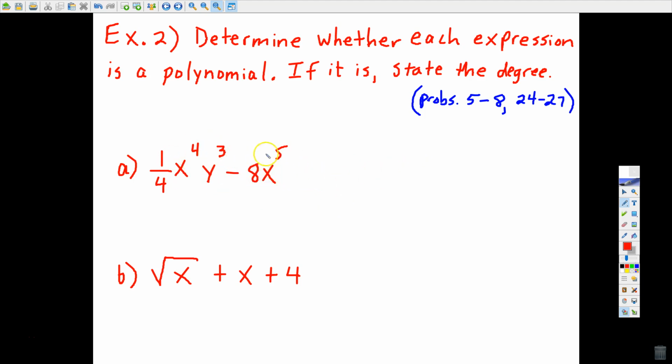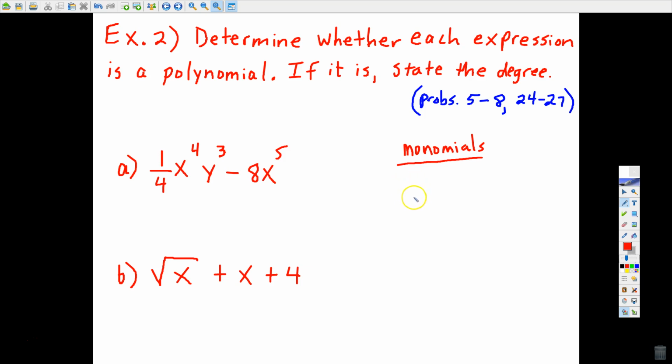So every one of these separate terms that are connected with plus or minus should represent monomials. And monomials, generally speaking, have to have exponents that are not negative, not fractions. They just have to be positive integers.